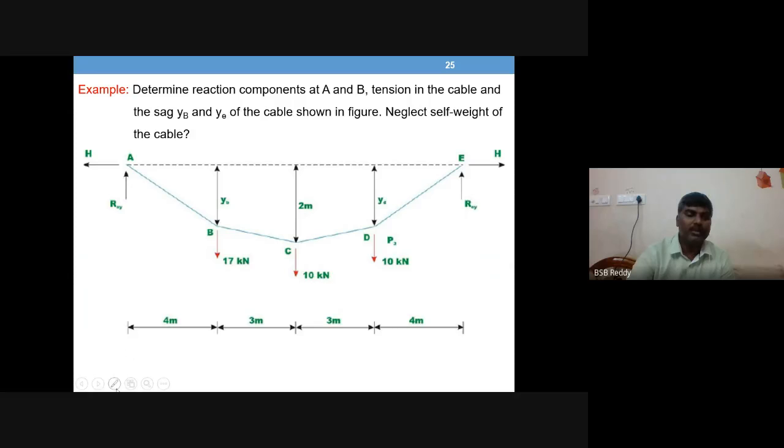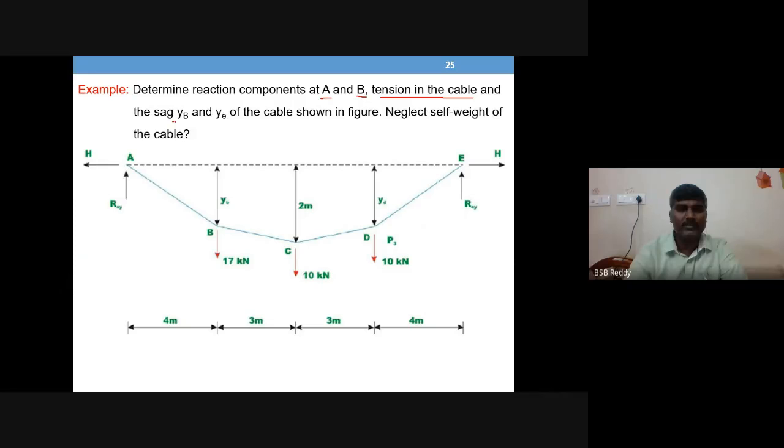So determine reaction components at A and B, that means VA, HA and VB, HB, or any other name that you can put. So tension in the cable, which means in the entire cable, after you apply the point loads, the cable becomes segments. So in each segment you will have a tension value, so you have to find that.